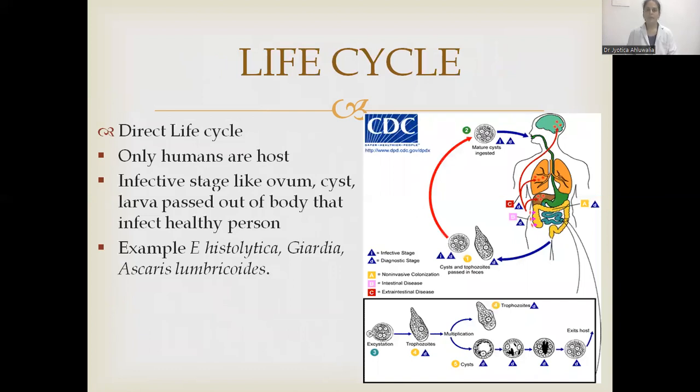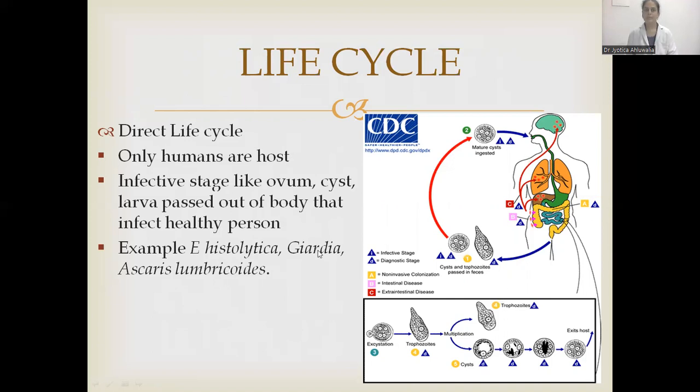Coming to the life cycle. The life cycle occurs mostly in the humans, which are the definitive host. The infective stage, like ovum or cyst or larva, is passed out of the body that infect the healthy person. It is either by ingestion, inhalation, or through the skin.